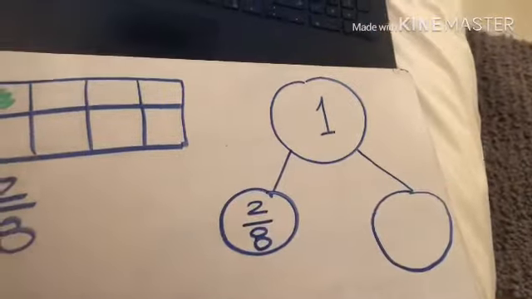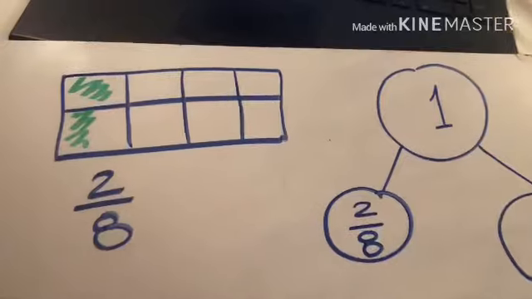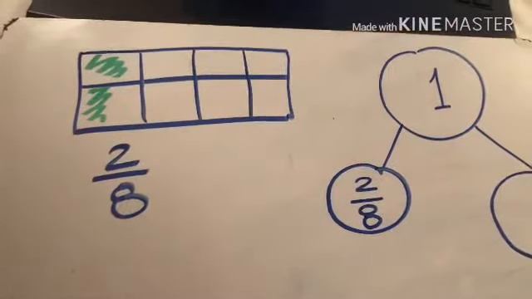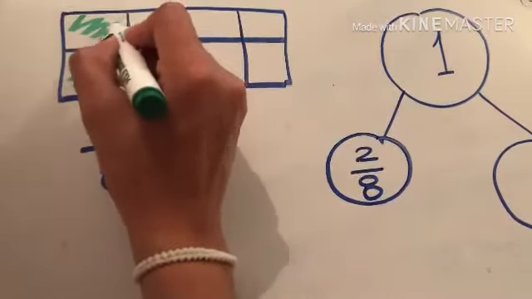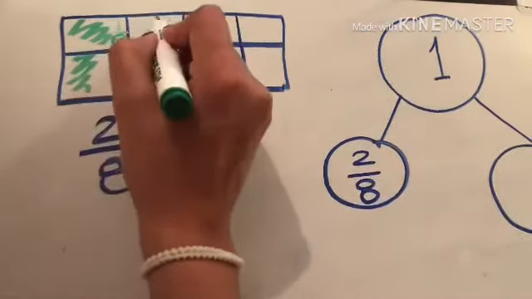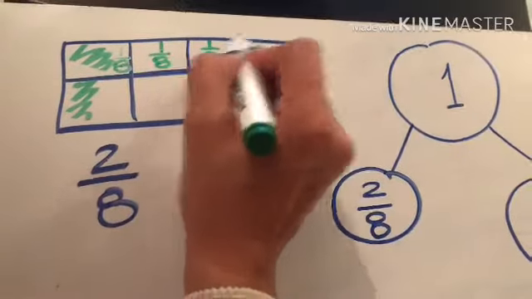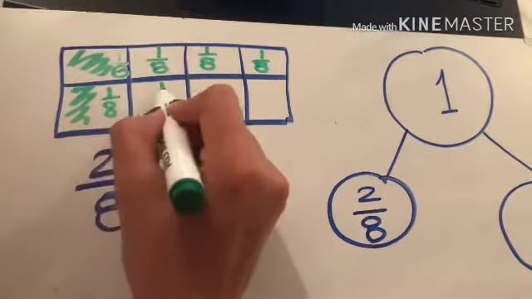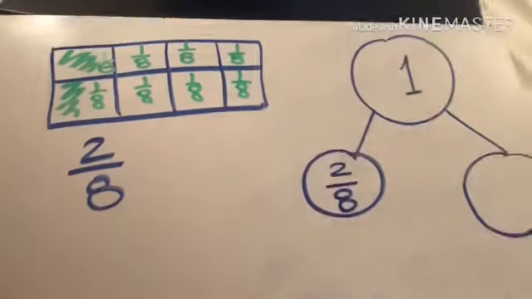Let's analyze this. What we know from unit fractions, and remember the unit fractions have the 1 as a numerator, right? So we have unit fractions here, 1 eighth. Each little piece here represents 1 eighth. 1 eighth, 1 eighth, 1 eighth, 1 eighth, 1 eighth, right?